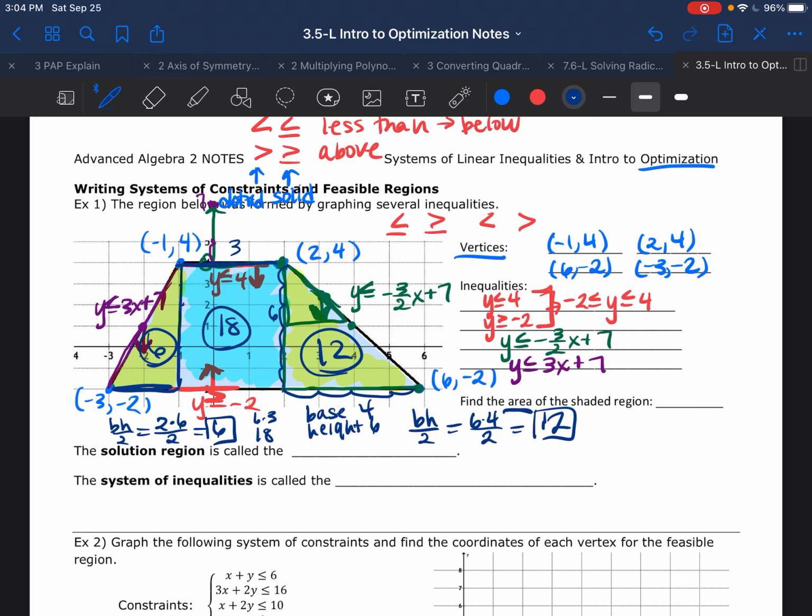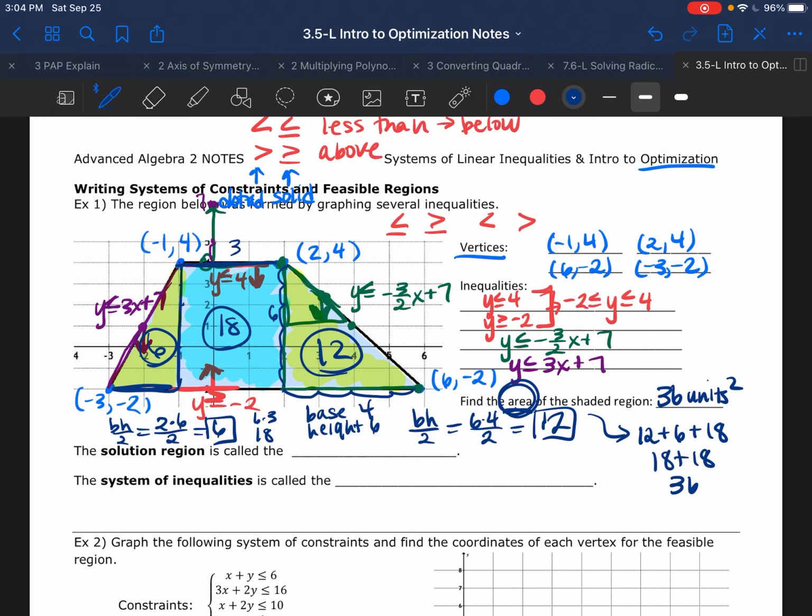And so for the total area, it would be 12 plus 6 plus 18, which is 18 plus 18, which is 36. So 36, and I think in geometry, y'all say units squared. 36 units squared.